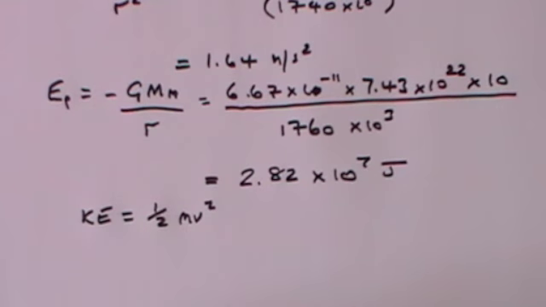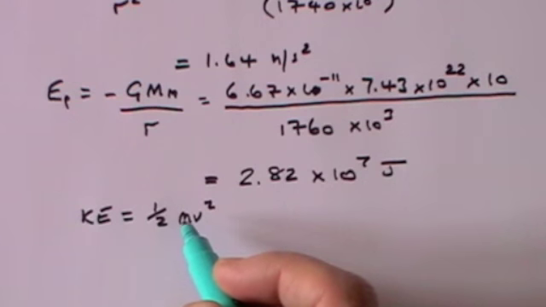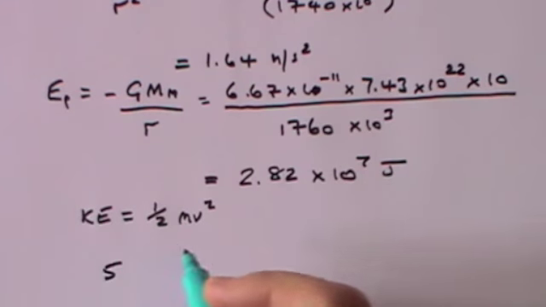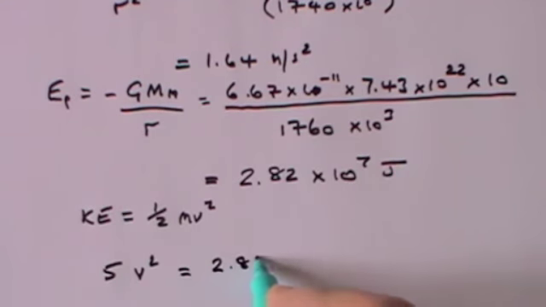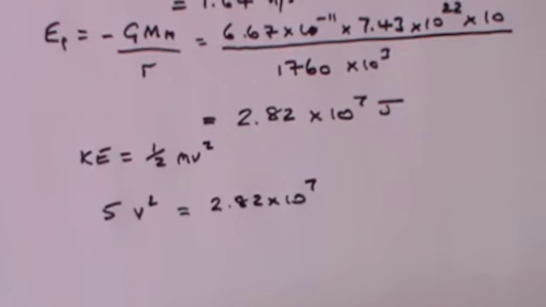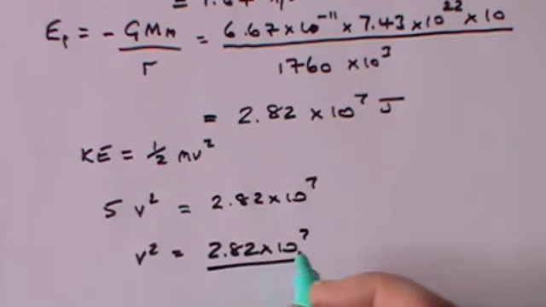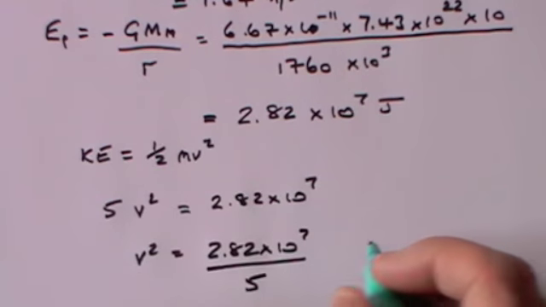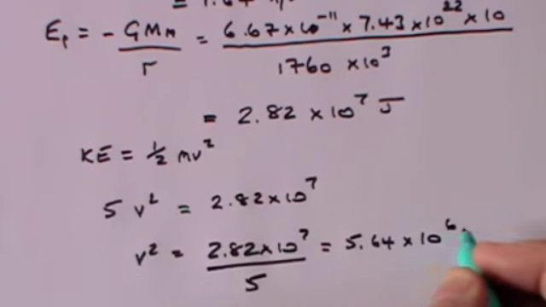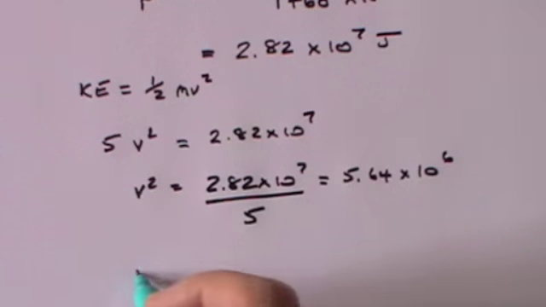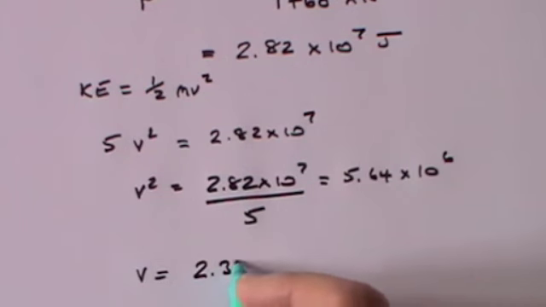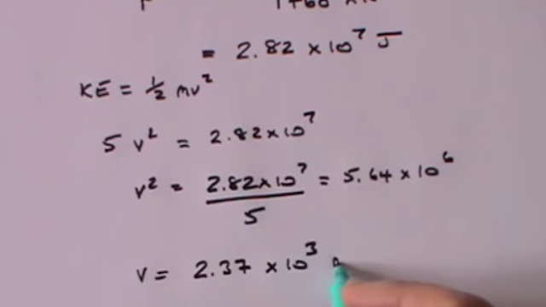So now we've got that half of m, well, remember the mass was 10 kilograms, so half of m will be 5, times v squared, which is what we're trying to find, is equal to 2.82 times 10 to the 7, which means that v squared is equal to 2.82 times 10 to the 7 over 5, and that equals 5.64 times 10 to the 6, and that's v squared, which means that the velocity is equal to the square root of that, which is 2.37 times 10 cubed meters per second.